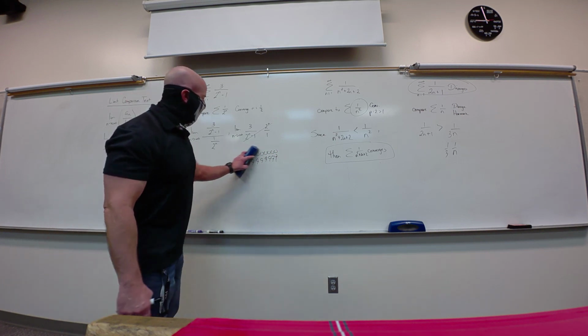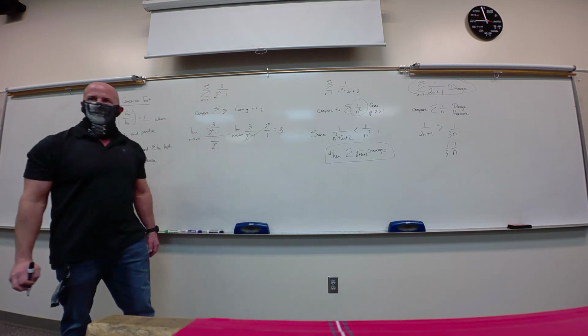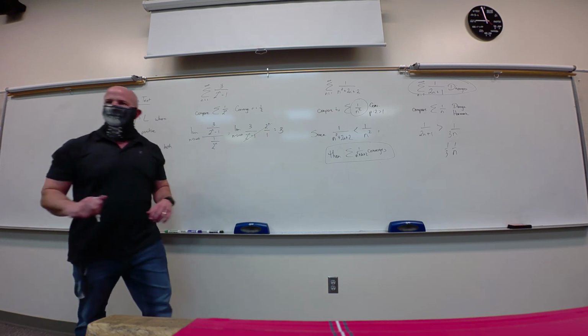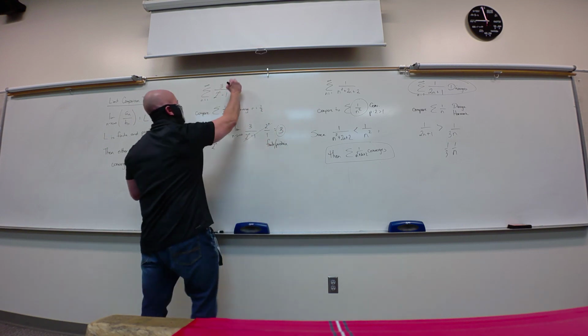So this is going to 1 times 3 over 1, 3. 3 is definitely finite and positive. Okay, so we're good here. Finite positive, which means this converges.